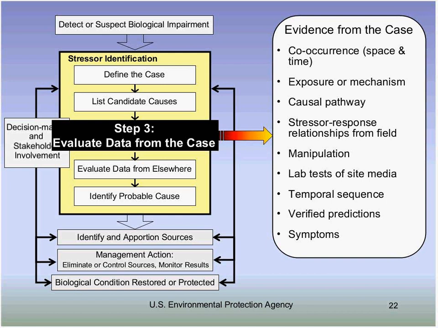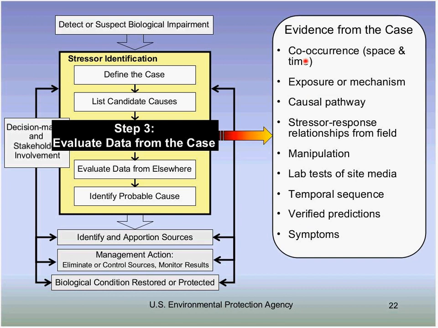The third step is to actually begin the process of building evidence that's either going to support or not support the list of candidate causes that you developed in the second step. We're not going to go into this in great detail, but what you're doing is collecting different evidence types. Here are the different types of evidence that you may have available to you when you're evaluating data from the case.